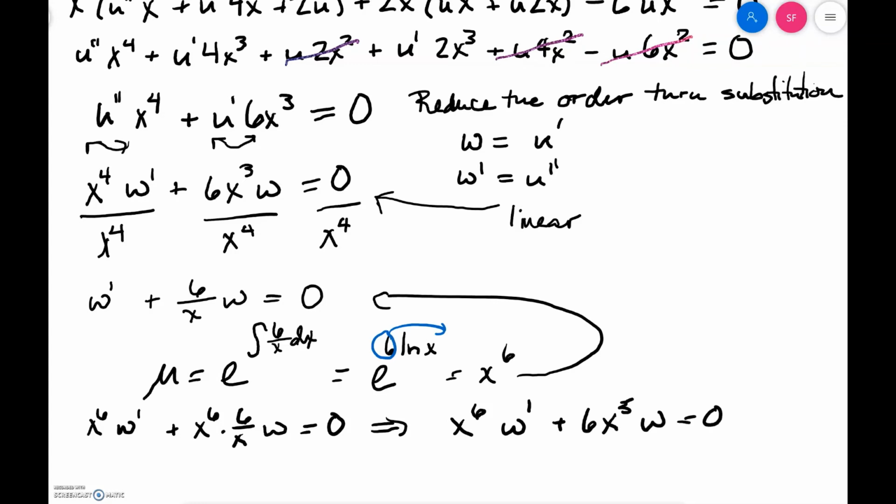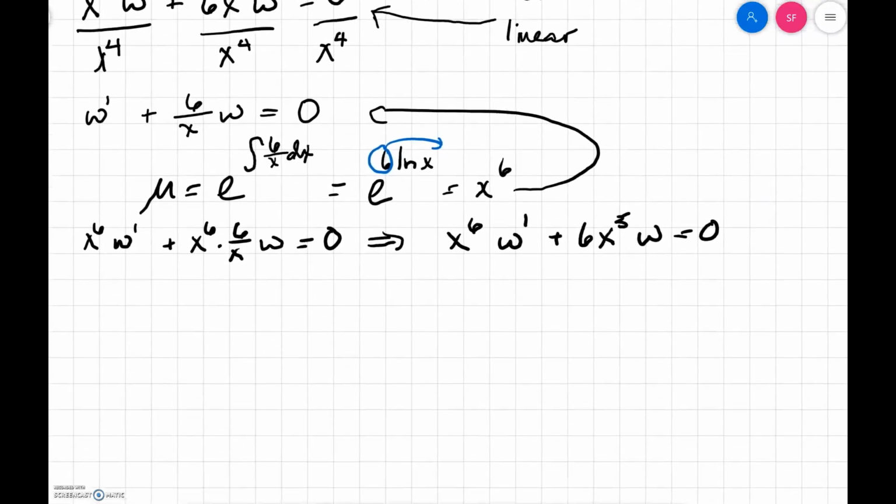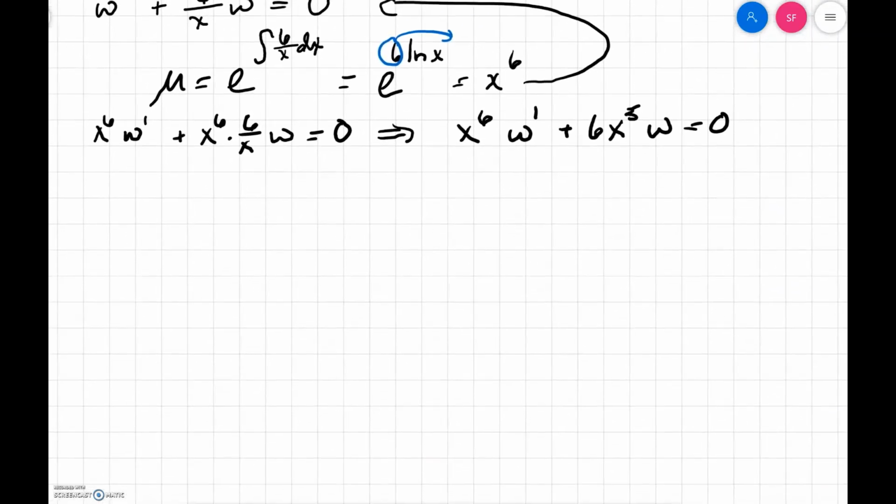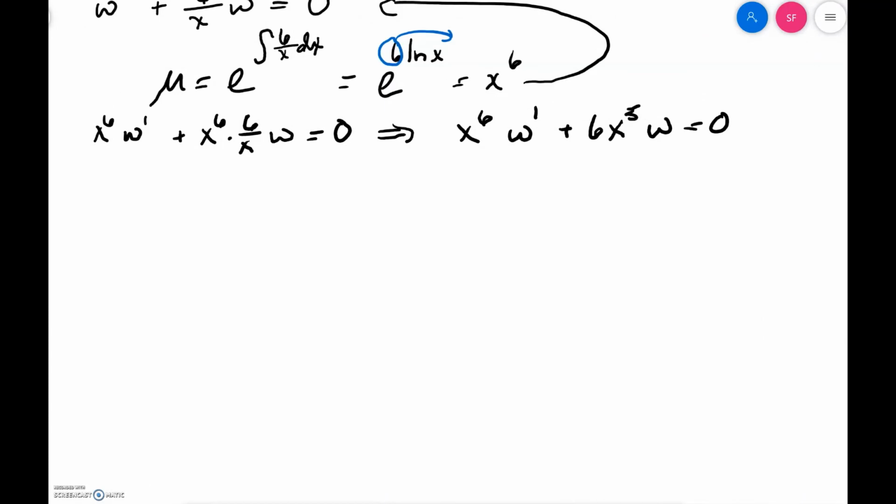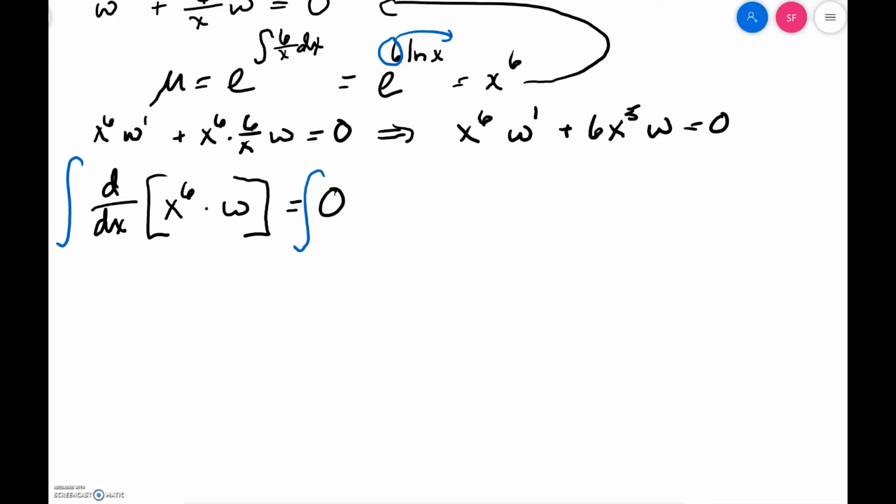And remember, for linear, we say, okay, well look, that's just the product rule. So let's rewrite that product rule. The product rule would be a derivative, in terms of x, of these two functions, x to the 6th times w, equals 0. So next step here would be to take the integral of both sides with respect to x.